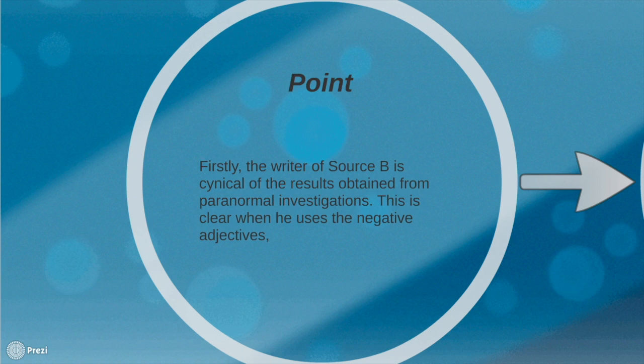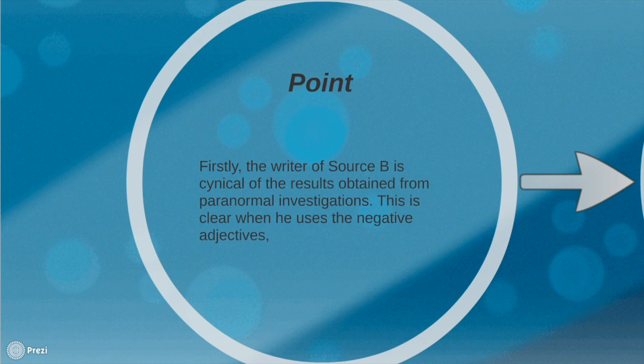So what we need to do is explain to the examiner what the writer actually does, okay? So we've said, firstly, the writer of source B is cynical of the results obtained from paranormal investigations, okay? So we're explaining to the examiner what the writer is telling us.